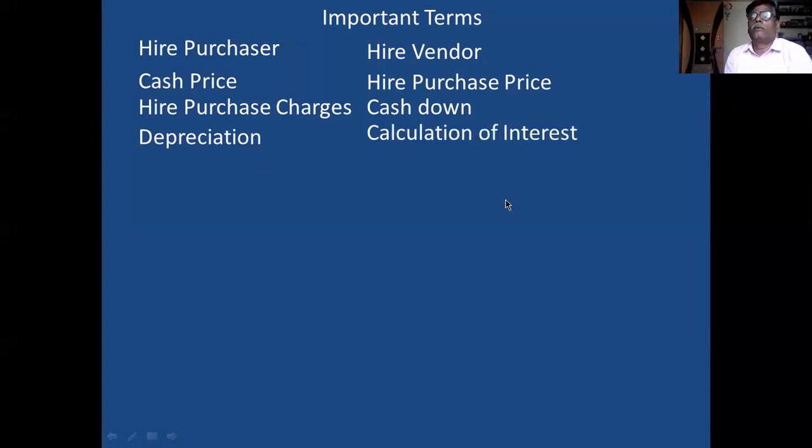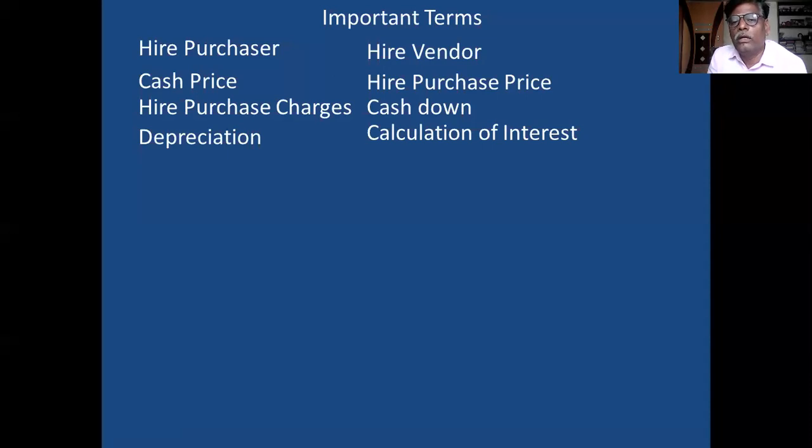Then calculation of interest. This is the very important aspect in the hire purchase system. If you fail to calculate the interest properly, then whatever accounts you prepare, all those accounts will be wrong. Remember this. In royalty account, you studied in BCom first sem, if the royalty chart is correct, the account is correct.